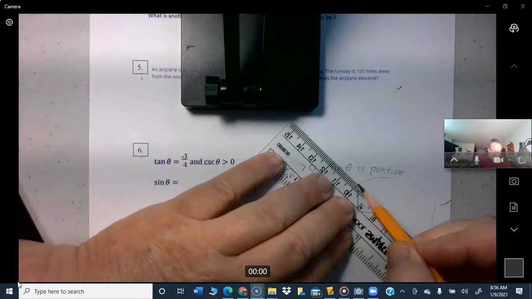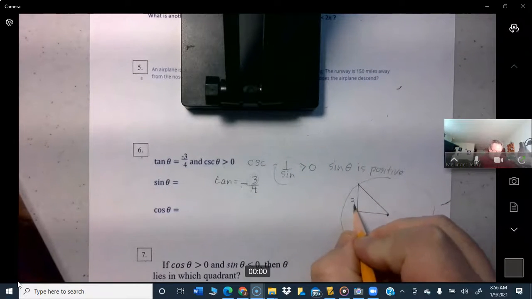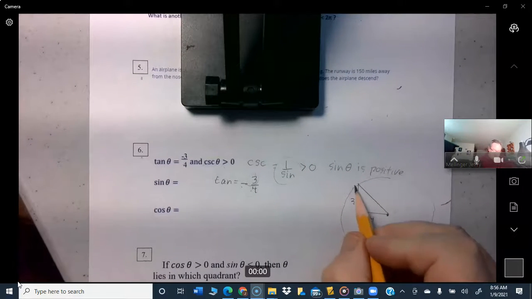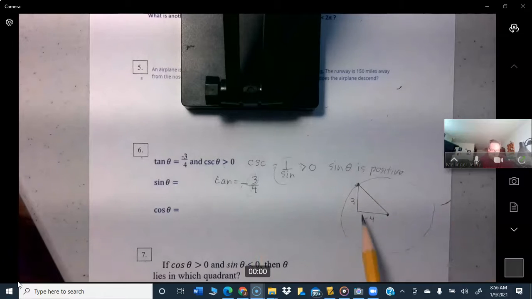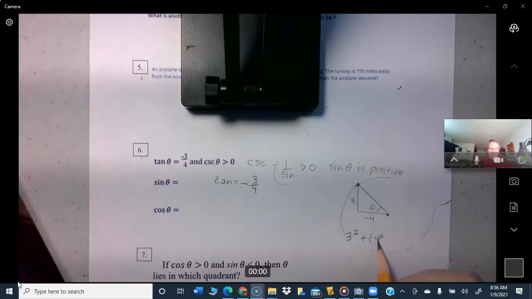Now this is not a unit circle. It didn't say it's a unit circle. So this side is 3, and this side is -4. So to get to this point right here, whatever this angle theta is, you go back 4 and up 3. All right. So what is this hypotenuse? Well, it's going to be 3 squared plus (-4) squared equals the hypotenuse squared.